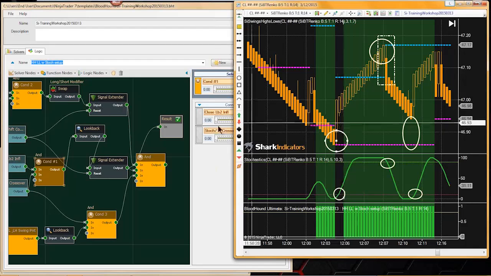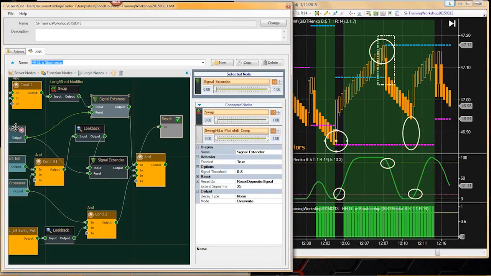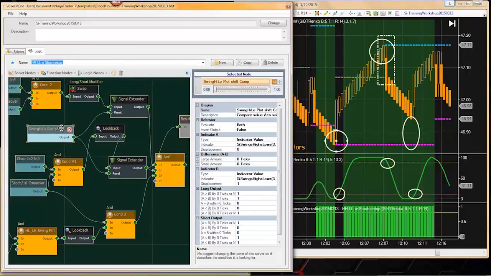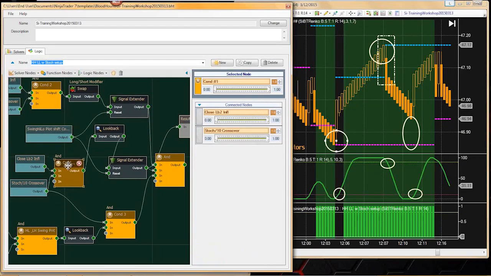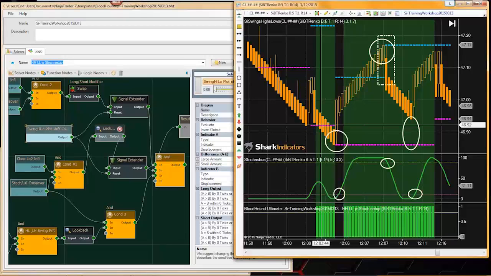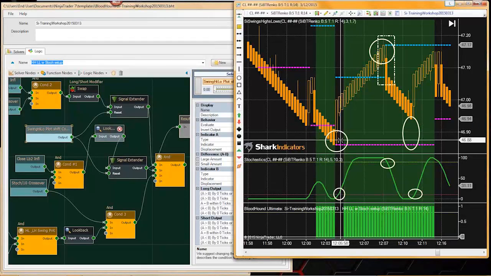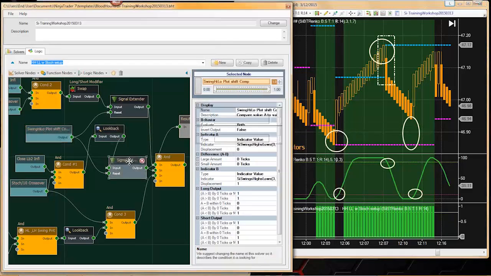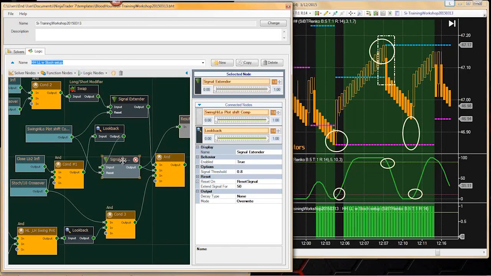And then in trying to find a way to reset the signal extenders, I discovered that I had to modify the signal output from condition 1 to accommodate the swing high-low indicator behavior that we're using to reset the signal extenders. So that's the roundabout process that I had to work through.